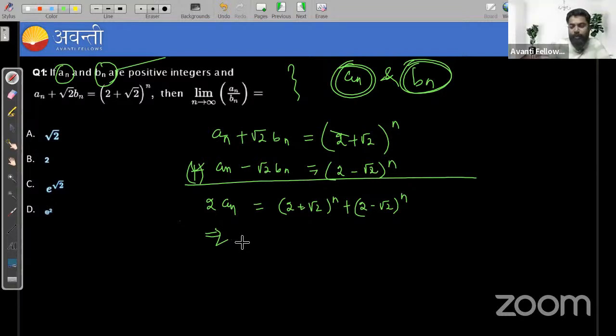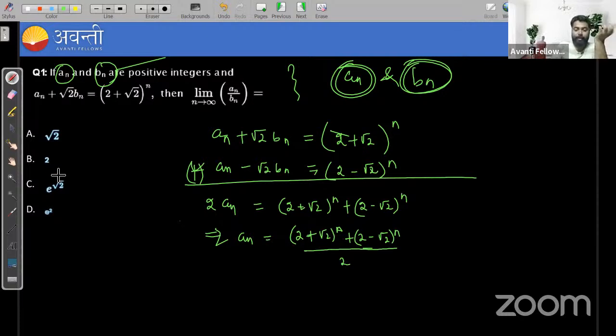So an will be 2 plus root 2 whole to the power n plus 2 minus root 2 whole to the power n, whole divided by 2. So from here we are getting an, then what will be bn?